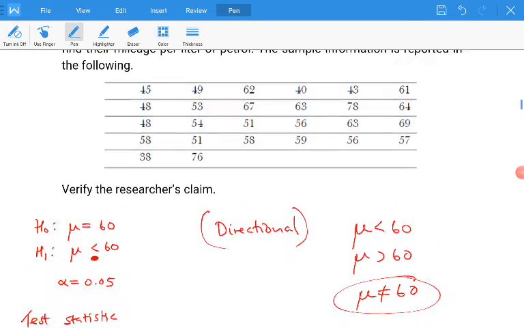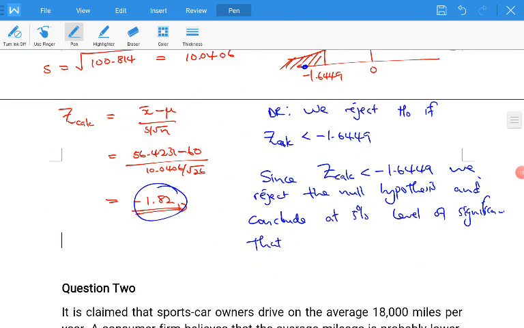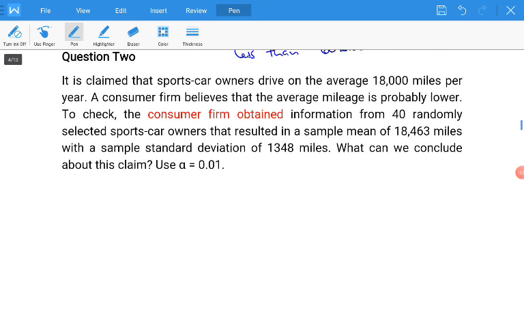So we conclude that the consumption of the newly manufactured motorbikes is less than 60 kilometers per liter. So we are done with our first question.